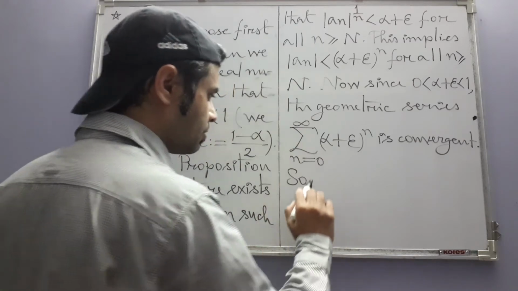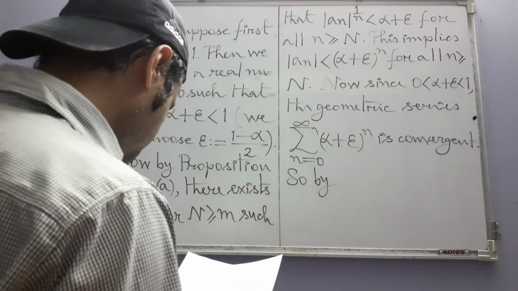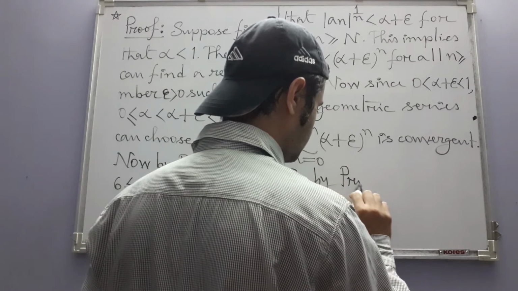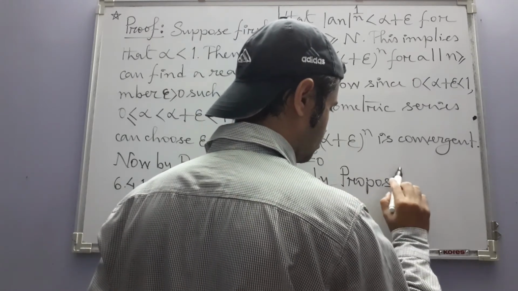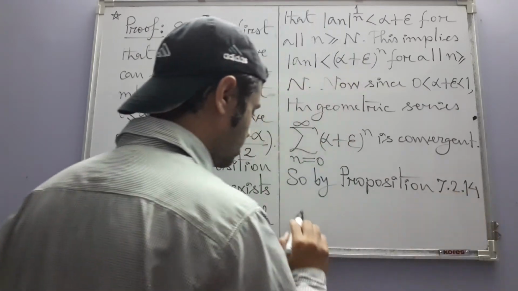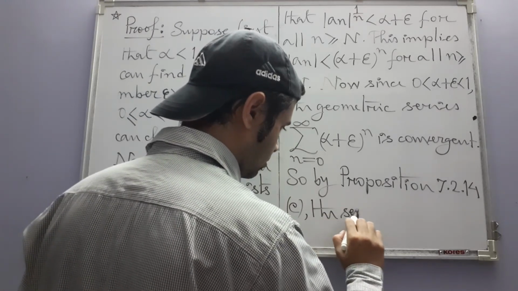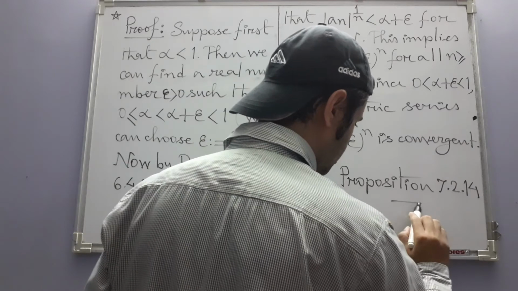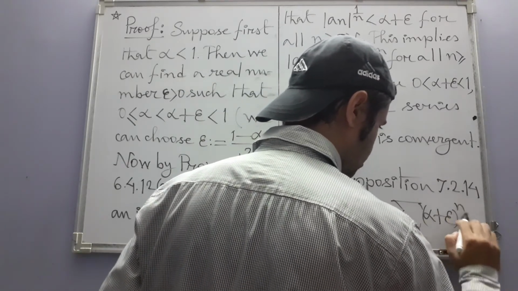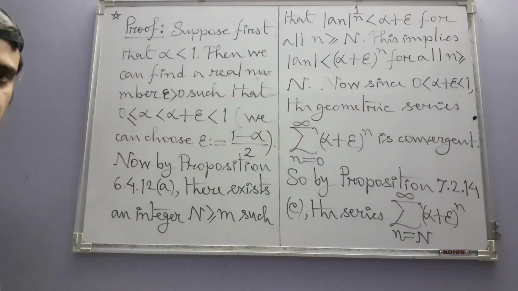So by that property of infinite series, which is proposition 7 to 14 part C, this series is convergent.